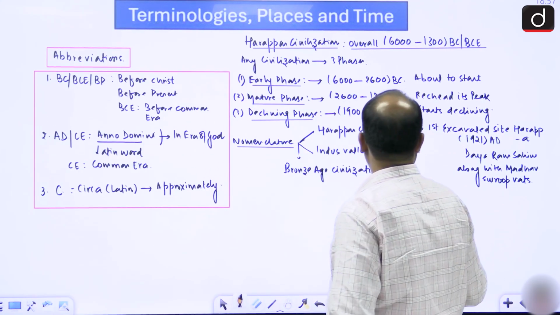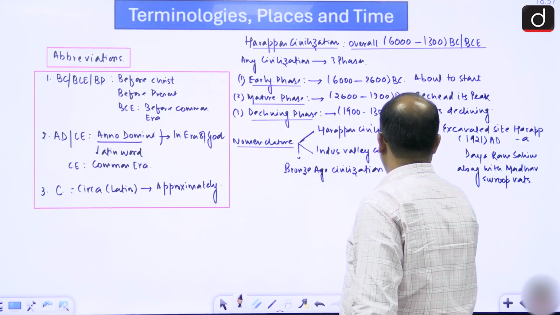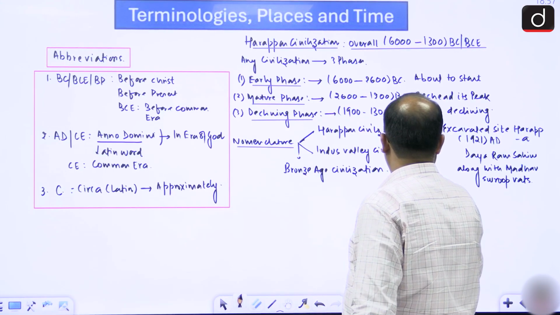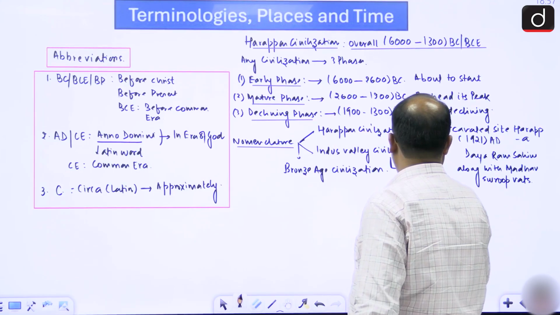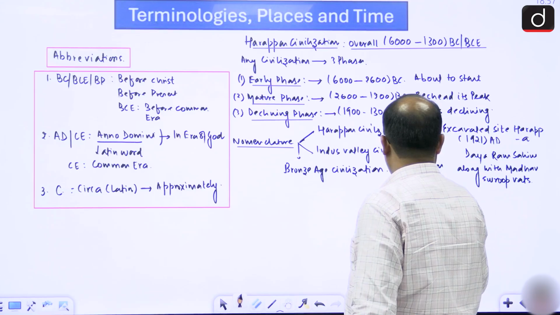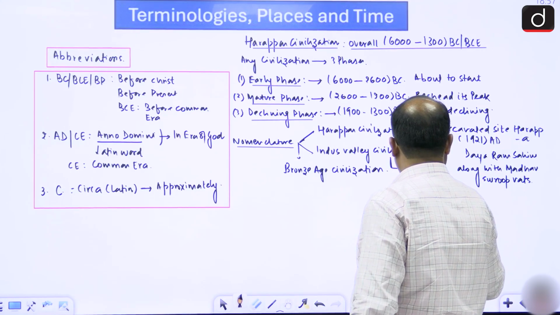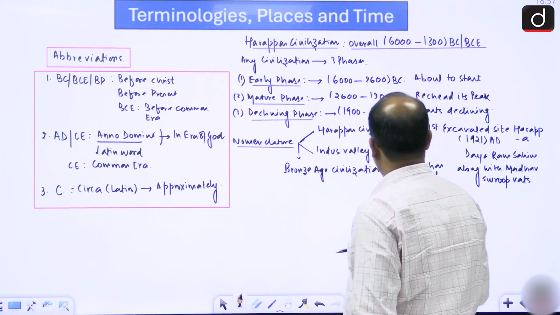Next is Indus Valley, and this name was given by Sir John Marshall, who was the head of the Archaeological Survey of India at that point of time.